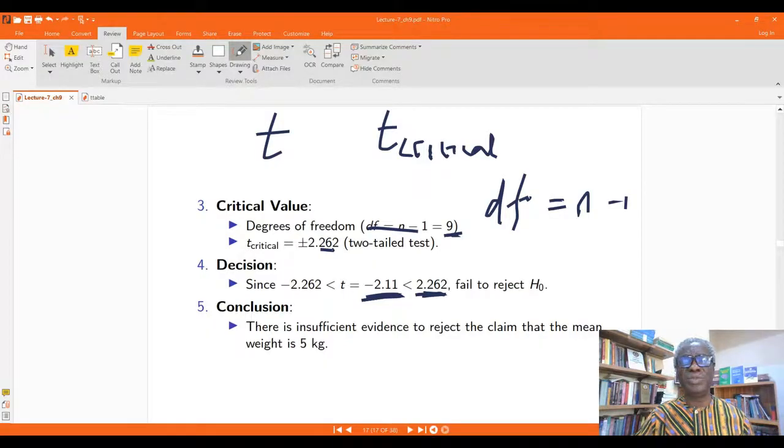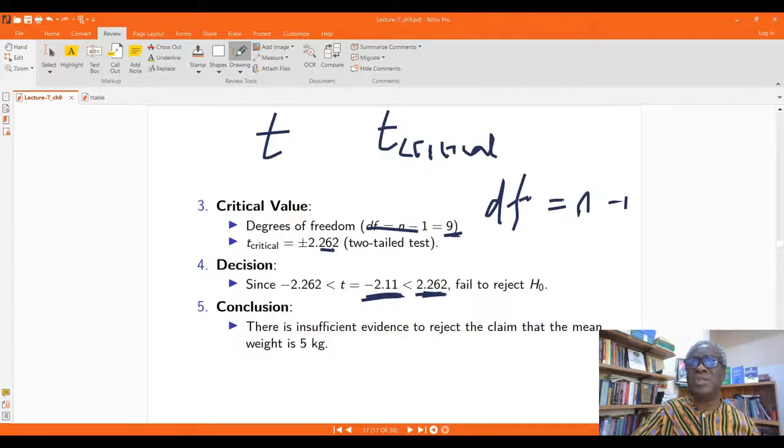And so we cannot reject that claim. The conclusion is that there is not enough evidence in the data to reject the claim that the mean weight is 5 kg.